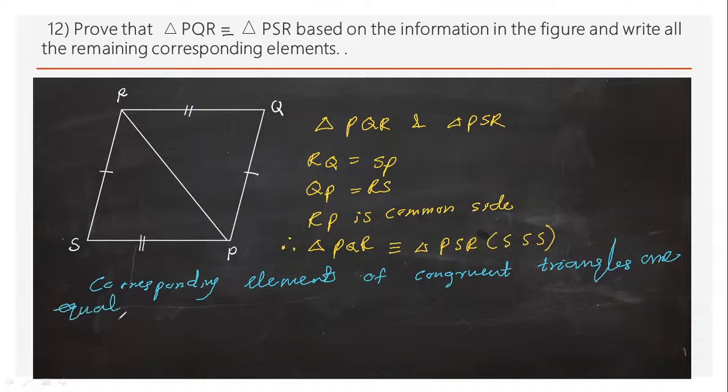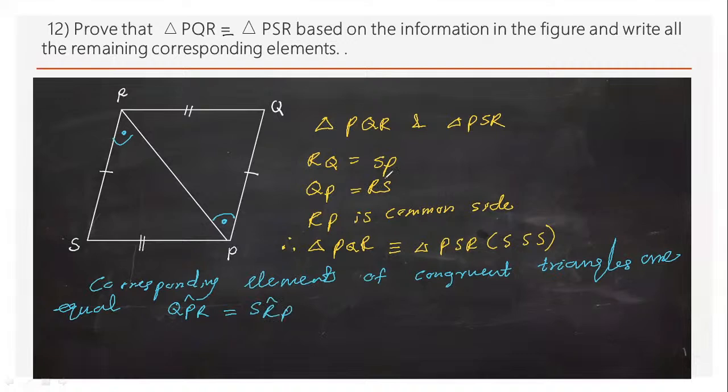So what are the corresponding elements? We'll see RQ. Opposite angle is this. SP. These two angles. So I will write QPR angle equal SRP.